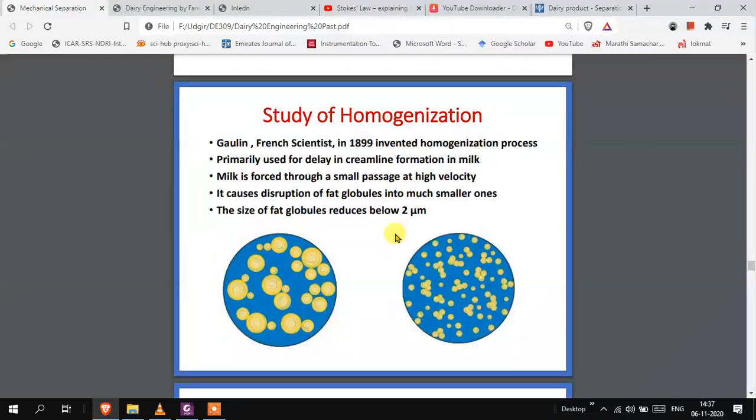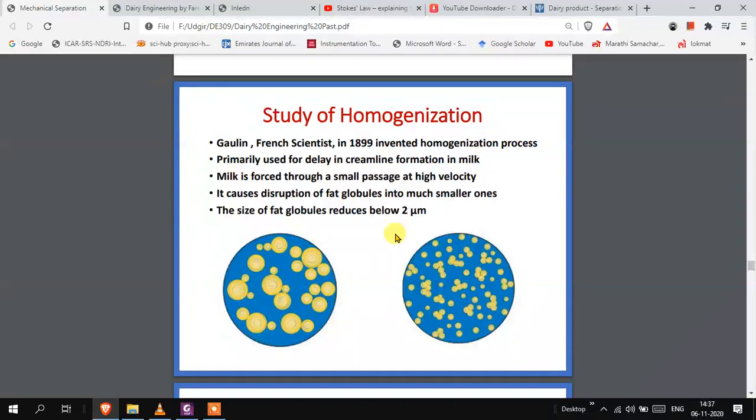So there are several advantages of homogenization. Basically it is used for the disruption of the fat globules and to delay the cream formation, because some customers may not like the cream line formation when they purchase the milk, and they tear the milk pouch, and if they see the cream they will not like it.